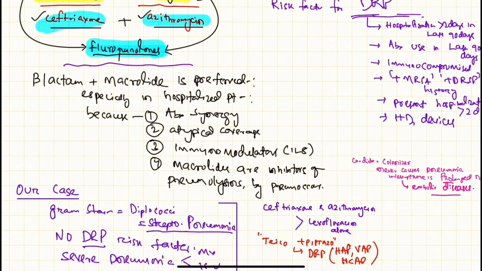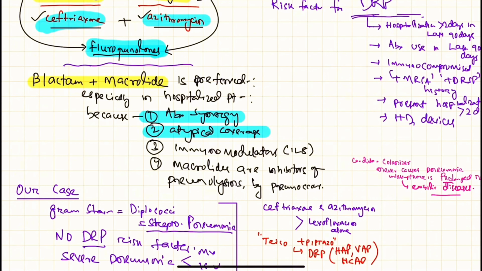And why give macrolide combination therapy in these cases? Because of a variety of reasons. One is antibiotic synergy. It synergizes with the action of beta lactams. Then we have atypical coverage. Most of the time, we cannot diagnose the atypical organism microbiologically, so we have to give all patients empirical atypical coverage.